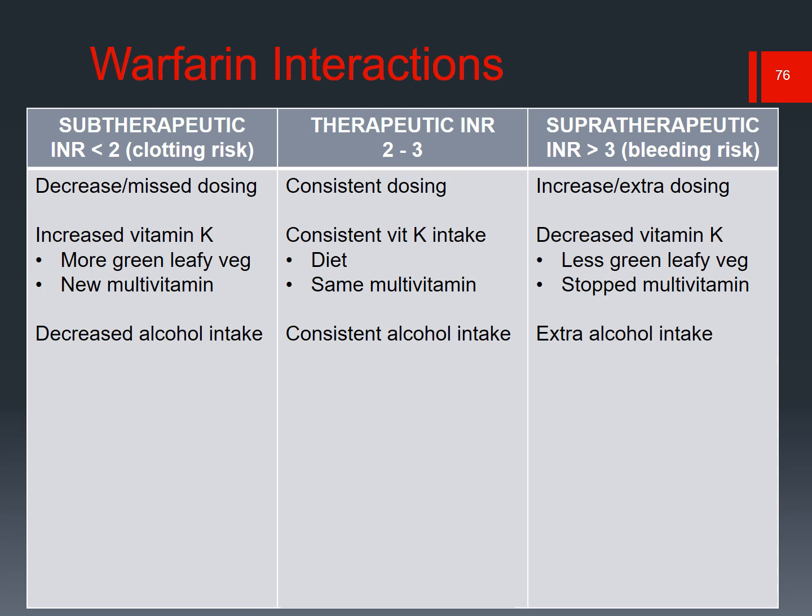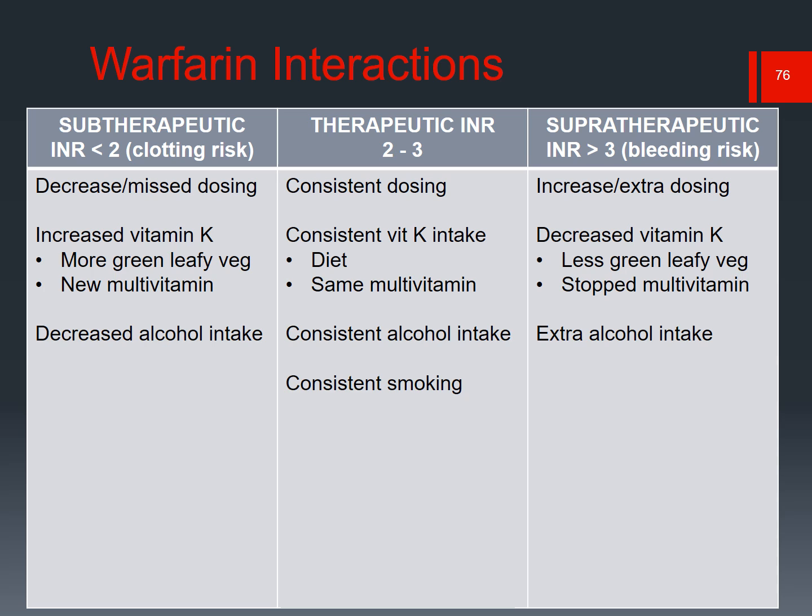So alcohol versus warfarin, it occurs really rapidly. This can occur within a couple days of the alcohol intake, whereas the others can occur over days. So alcohol intake will modify the INR within 1 to 2 days or longer, and then dosing and diet may take a few days to actually see that interaction.